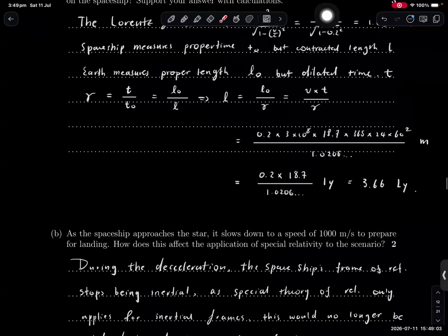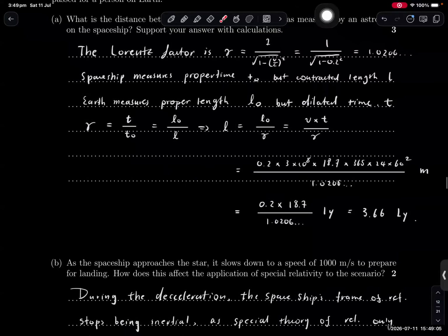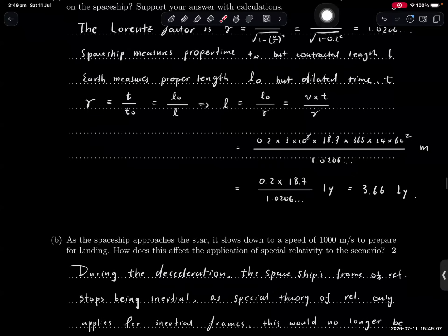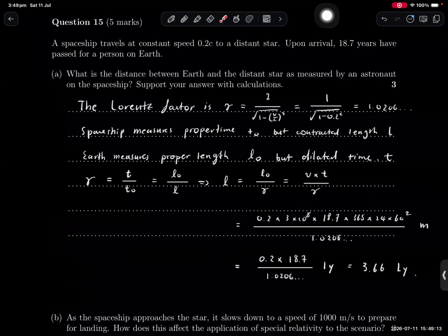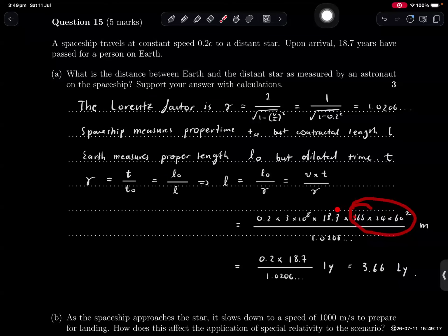If you're not happy with light years, you can still use meters if you want. Just recall that a light year is the distance that light travels in a year. This is how many seconds in a year, that's how many years it has traveled, and this is how many meters per second.